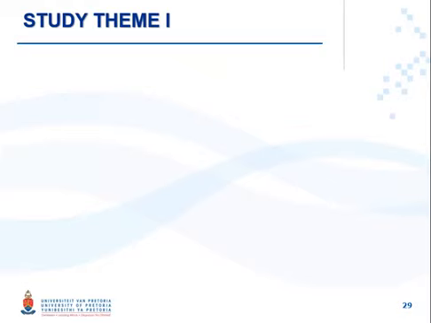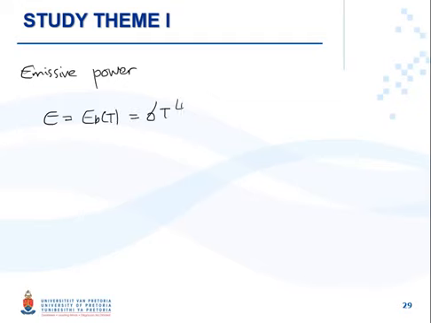Okay. So emissive power E is equal to EB, sigma T^4, because we said that it is a characteristic of a black body. 5.67 10 to the power of minus 8 watt per m^2 K^4, 2000.